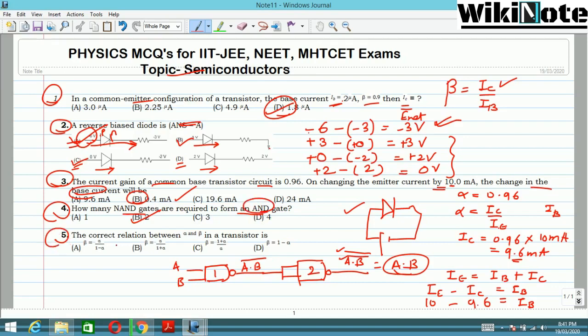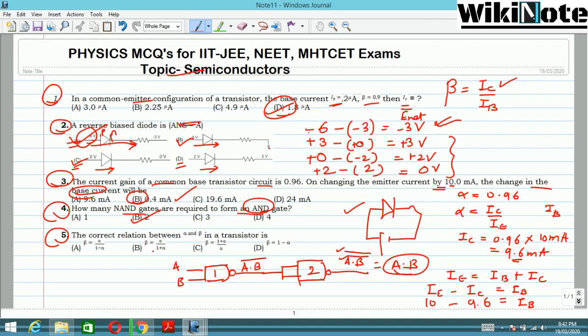Question number 5, the correct relation between alpha and beta. This is the simplest question which they have asked. And guys, this question will be for you people. You are going to tell me the answer of this. I have repeated this a number of times. Just a hint, keep in mind, beta is always greater and alpha is always less.